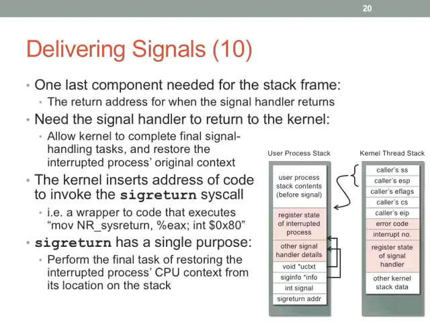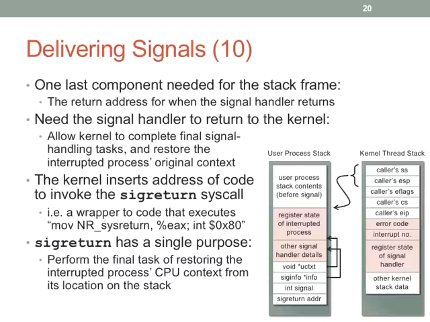That's all it does. So that's how we do that whole thing: we're in the kernel, we jump over into the user process to execute the user function, the signal handler. We jump back into the kernel. That's sigreturn. We jump back into the kernel, restore the user process, and then go back.